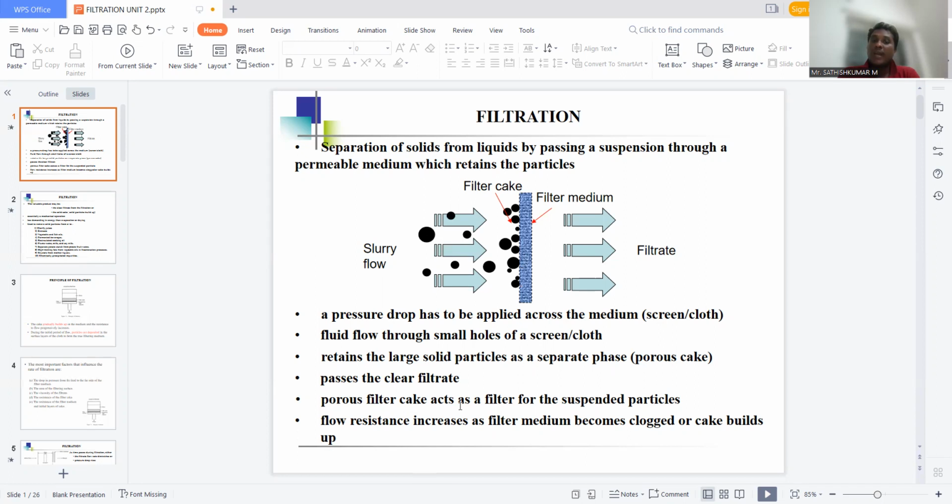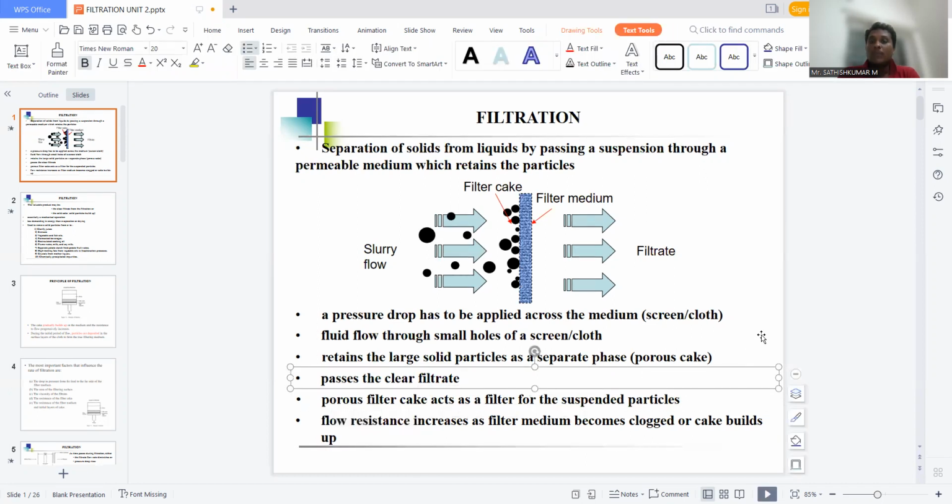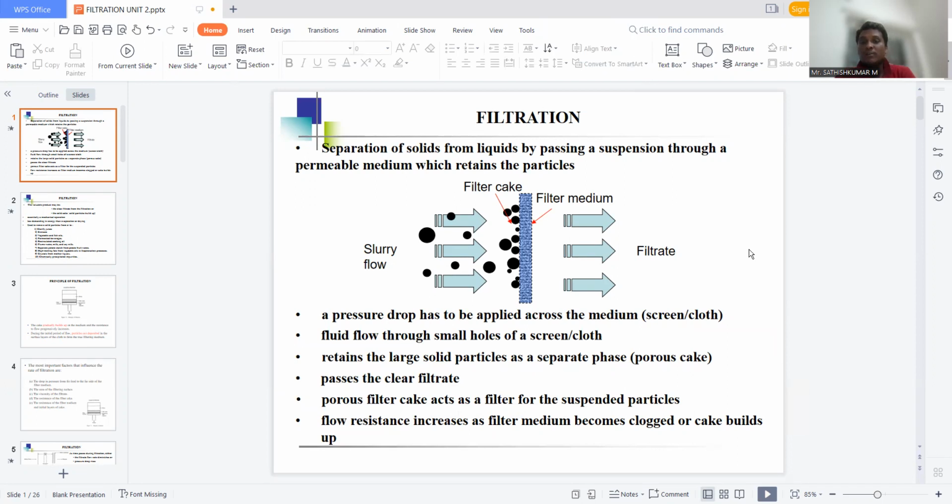The porous filter cake acts as a filter for the suspended particles. Flow resistance increases as the filter medium becomes clogged or the cake builds up. This means the filtration rate is affected by the buildup of cakes. Coagulation on the surface of the filter medium reduces the filtration rate.